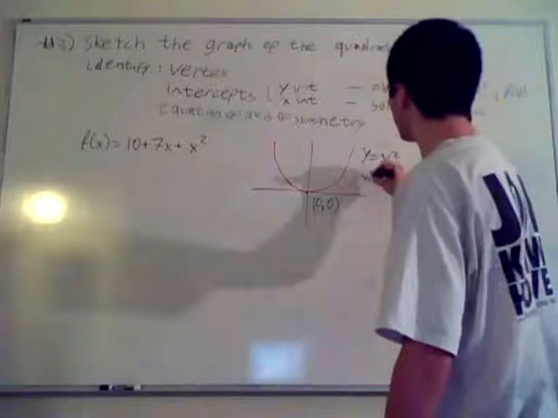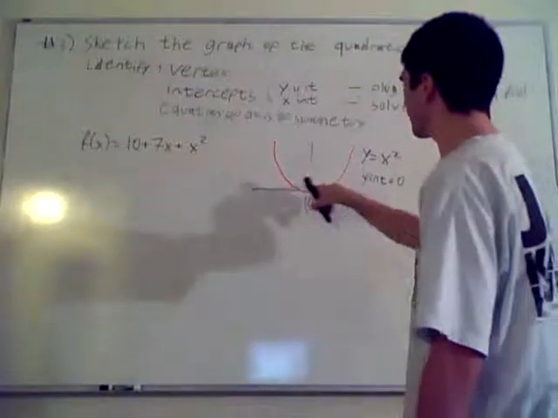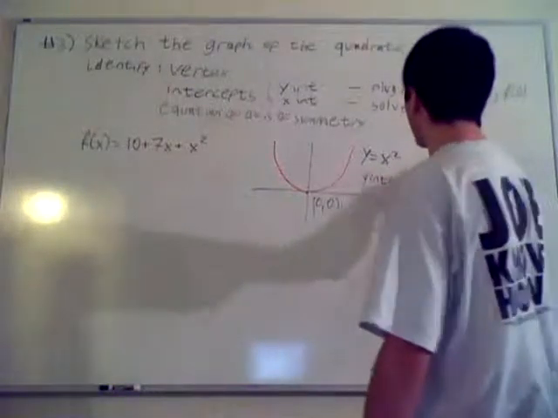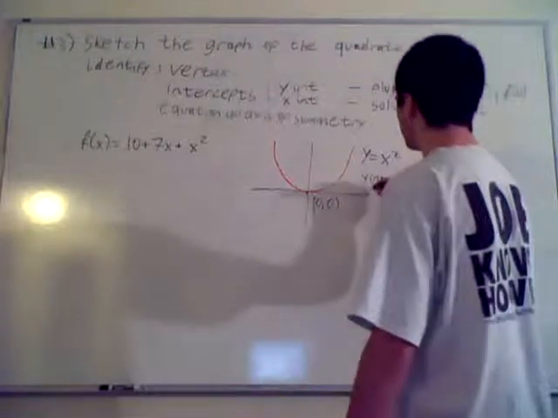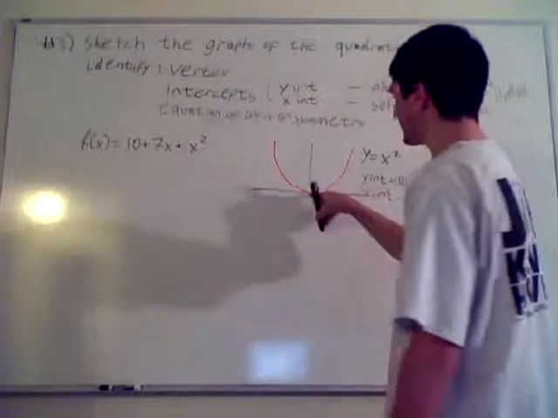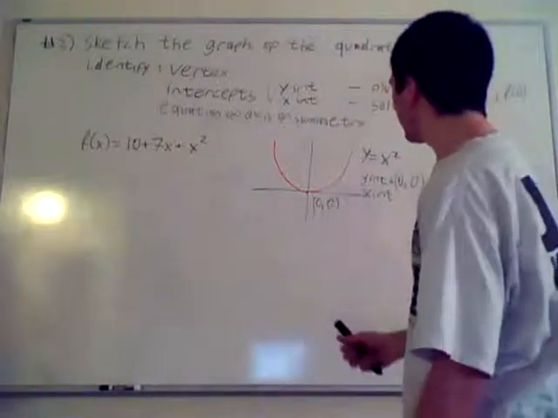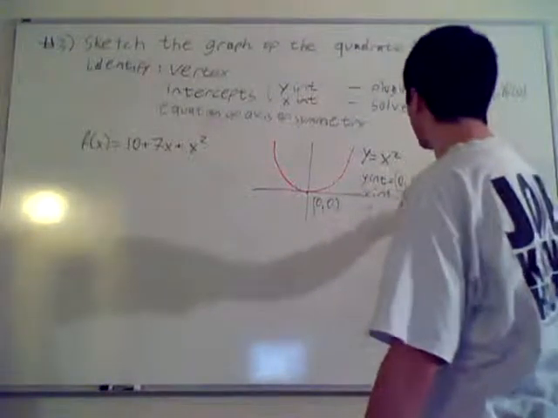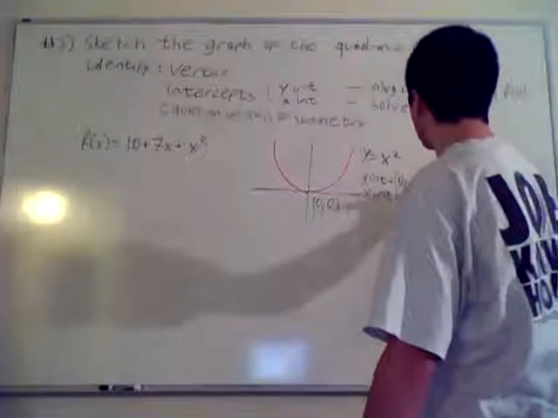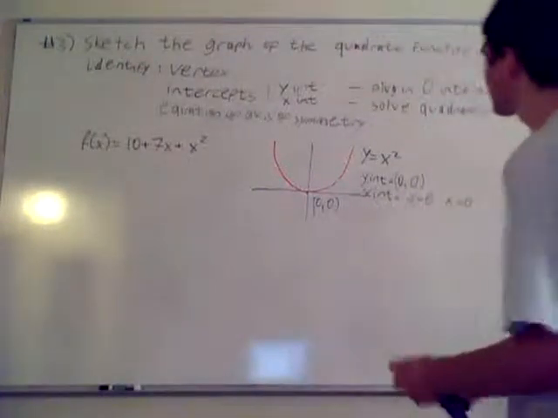So the y-intercept is 0, which you can see because it's right here. But you have to actually write it down: x equals 0, y equals 0. And the x-intercept is where it touches the x-axis, and that's considered a root. If you would actually solve this, you would get a double root of x equals 0, x equals 0, because it touched it twice. Don't worry about that. We didn't do it.